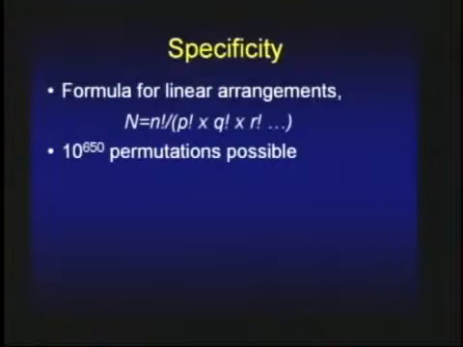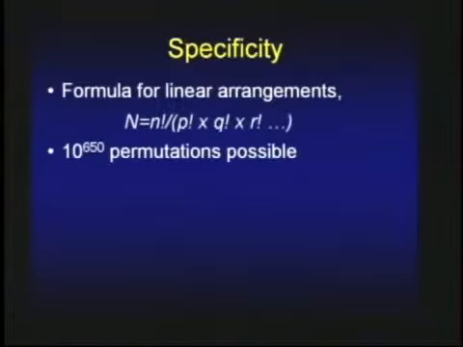Now, it turns out from mathematical switching theory, you can tell what the chances are of getting that right by accident, okay? It's called specificity, and that's the formula. To make a long story short, with 574 elements chosen from an alphabet of 20, you've got 10 with 650 zeros after it as your odds of getting it by chance.